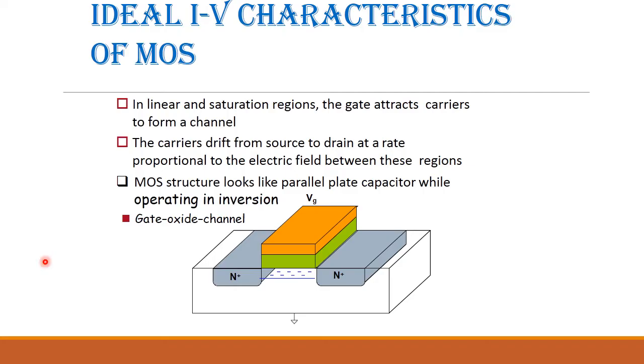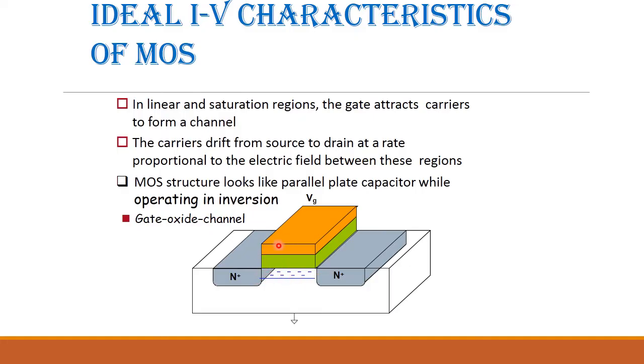Already we have seen the characteristics of the three regions. In linear and saturation region, the gate attracts the carriers to form a channel. So a channel is formed between source and drain. This is your source, this is your drain and this is your gate. In between the source and drain there is a channel formed.